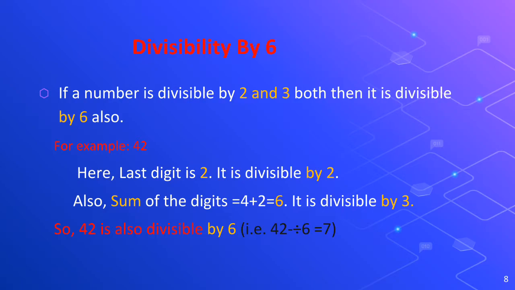That is, you have to check it is divisible by 2 and it is divisible by 3. Then we can say that it is divisible by 6 also, because 3 into 2 is a factor of 6. So, for 6, we have to check only divisible by 3 and divisible by 2.